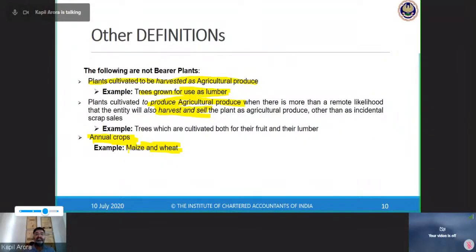Whereas if we talk about, let's say, chicken, where the company is in the business of selling meat in the market, they are not going to keep those chickens for a longer period. They'll harvest them, convert them into chicken meat and sell that in the market. So that's how we may consider which one could be considered as bearer plant or property, plant and equipment, or which one would be considered as the other.